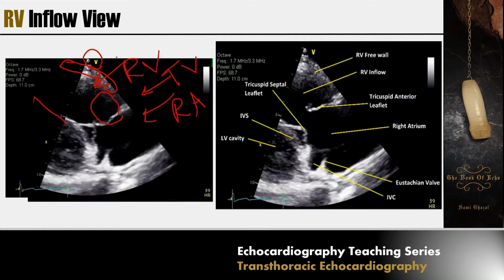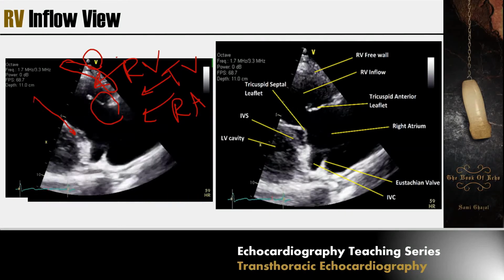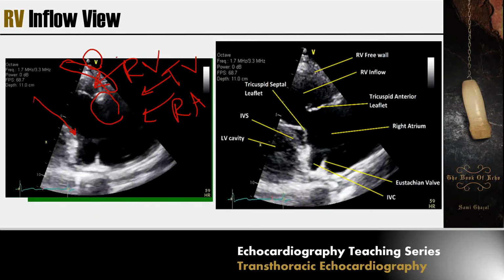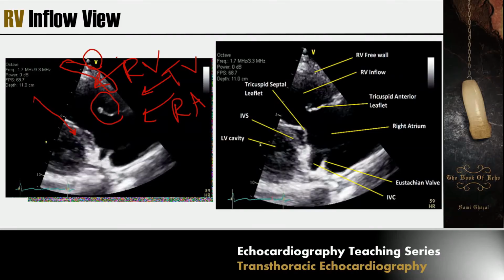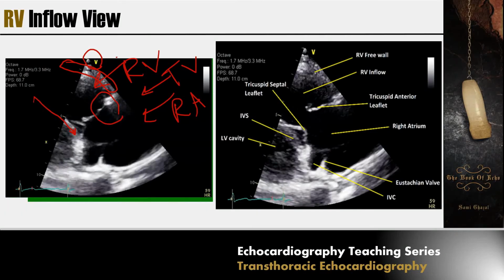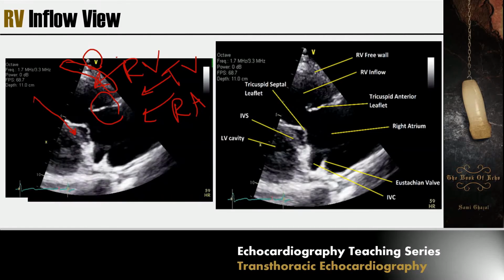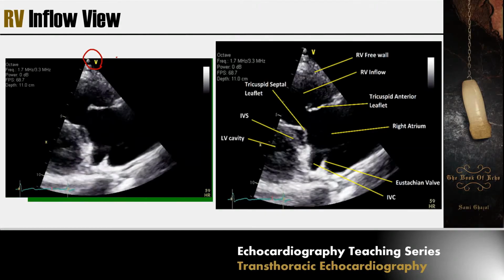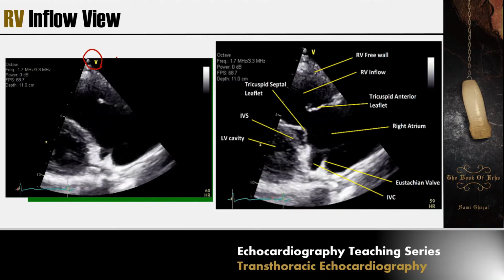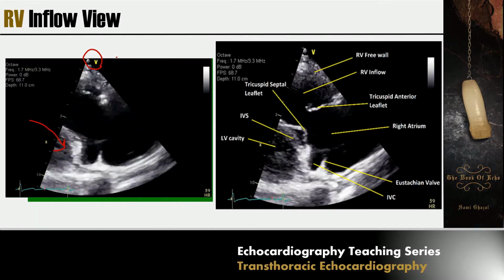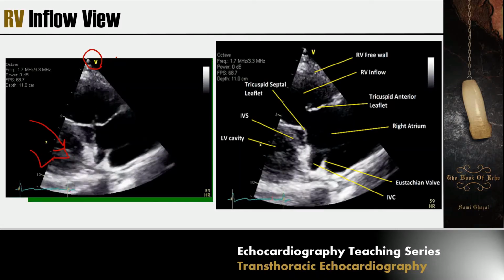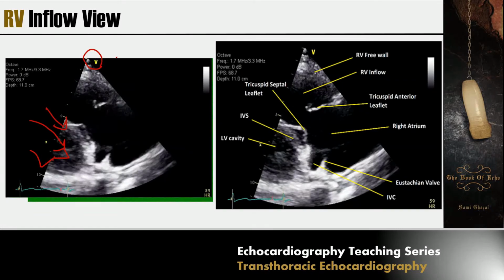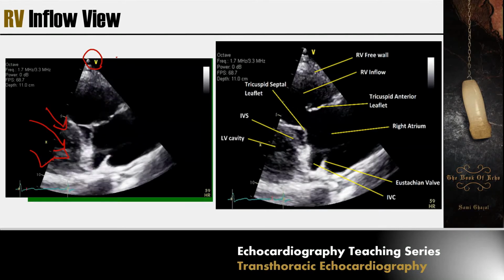This wall here can be the inferior part of the interventricular septum, or can be the inferior RV wall. If you see part of the LV, like in this case, we can see part of the LV. The LV is here. So this wall is the septum, the inferior part of the septum.